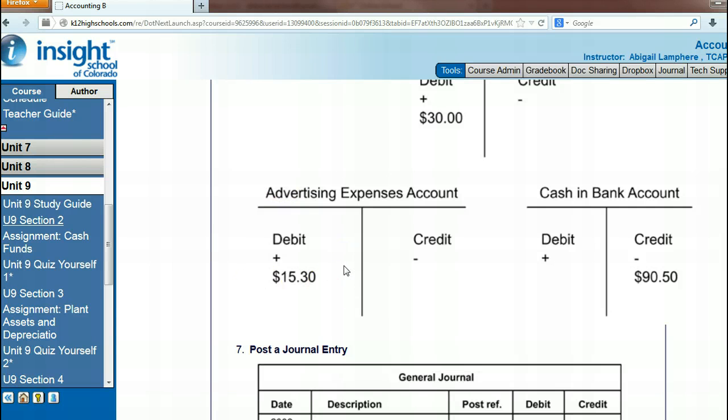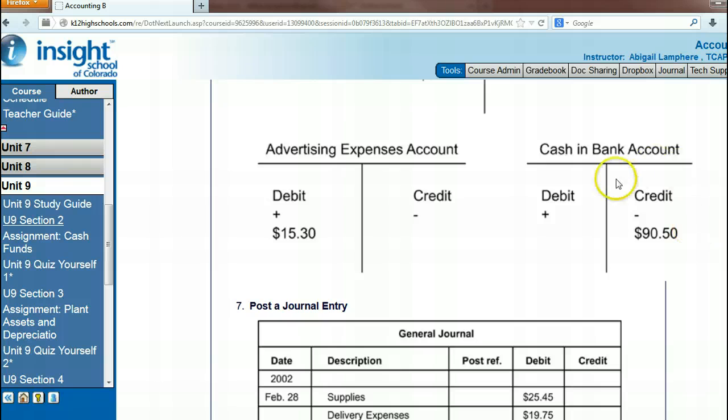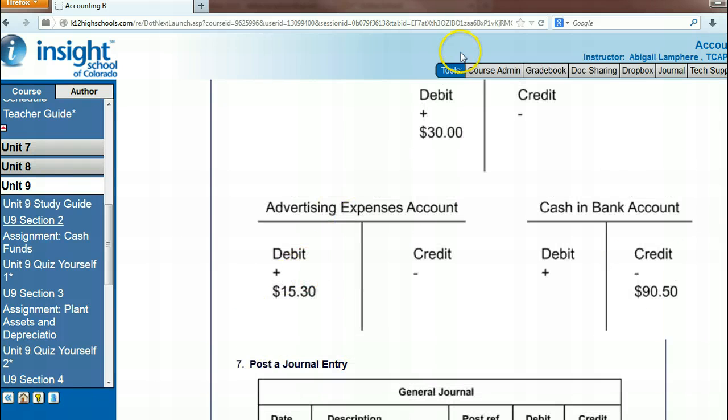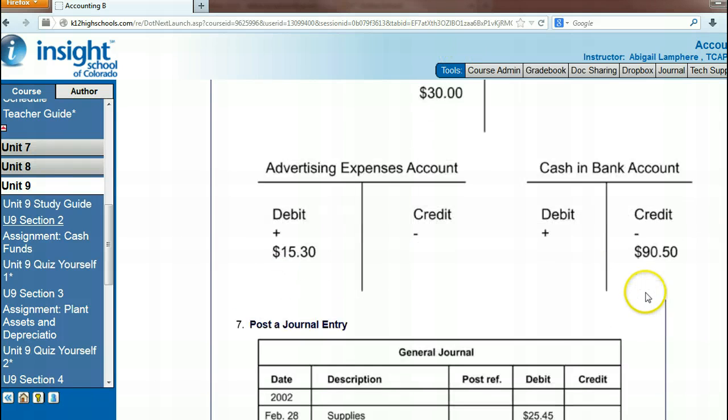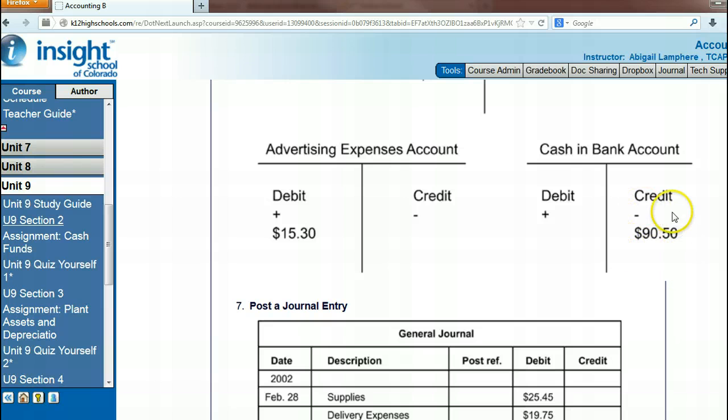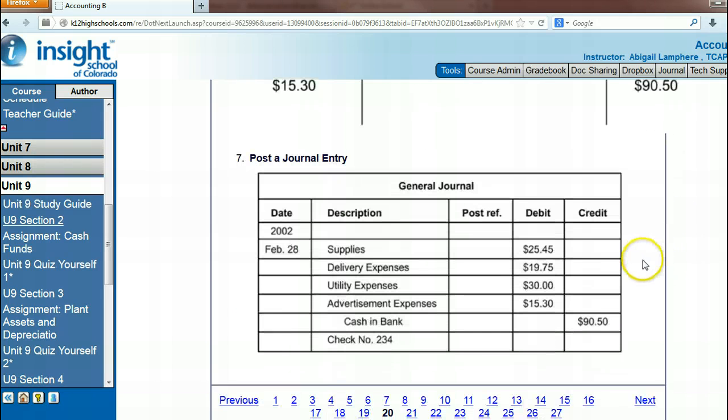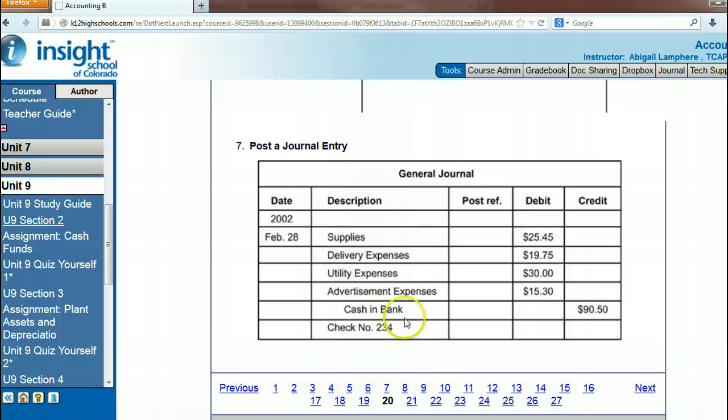So we're going to record all of that money in the appropriate accounts and then write a check to replenish our petty cash fund. So we spent $90.50 dispersed through all these different accounts. Now we need to replenish petty cash by taking that out of our cash in bank. And here's what that journal entry looks like.